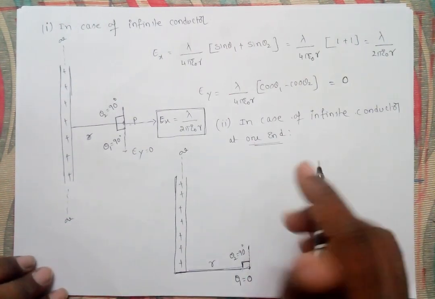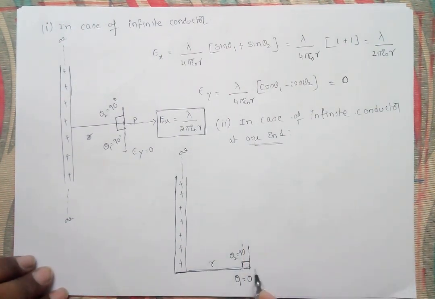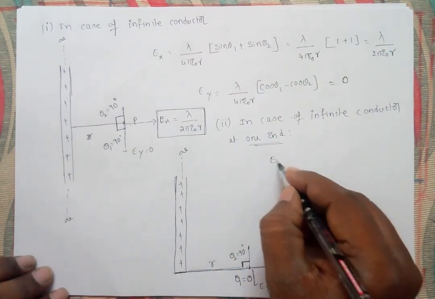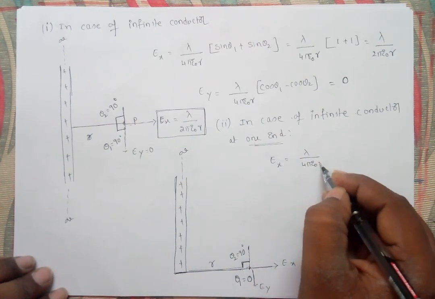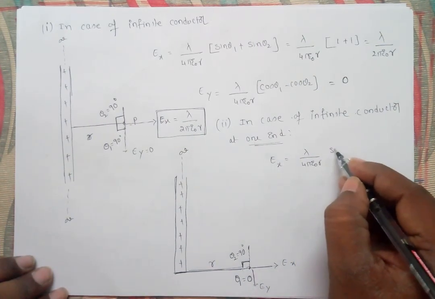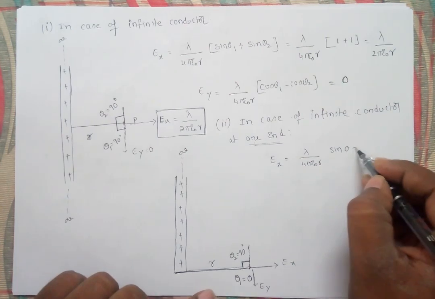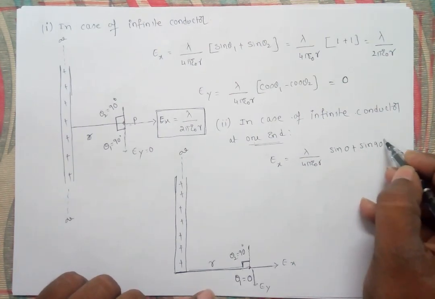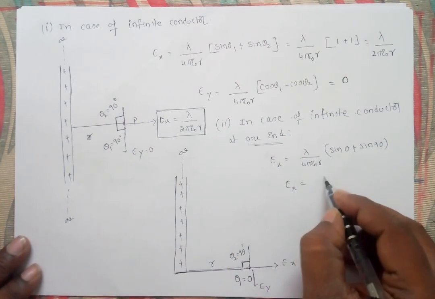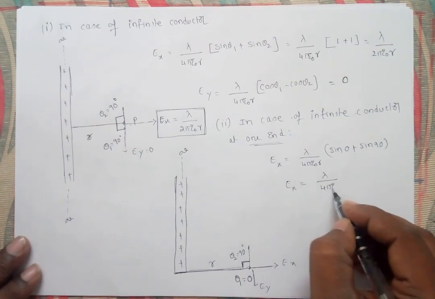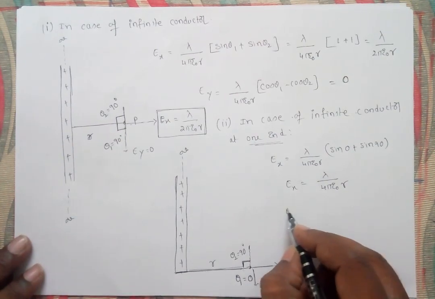Theta 1 is 0 and theta 2 is 90, then according to the expressions, Ex and Ey. Ex is lambda by 4 pi epsilon naught r into sin theta 1 plus sin theta 2. Sin 0 is 0, sin 90 is 1. So Ex equals lambda by 4 pi epsilon naught r.